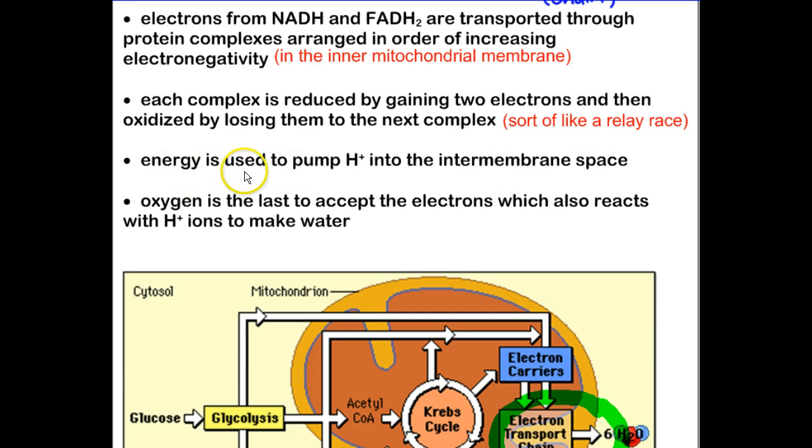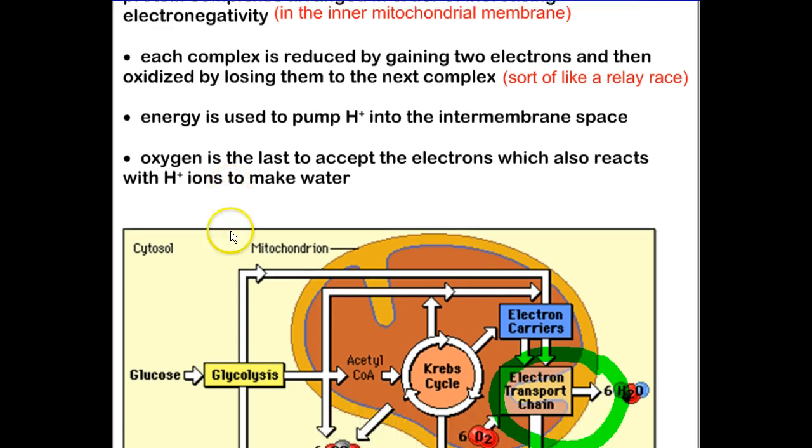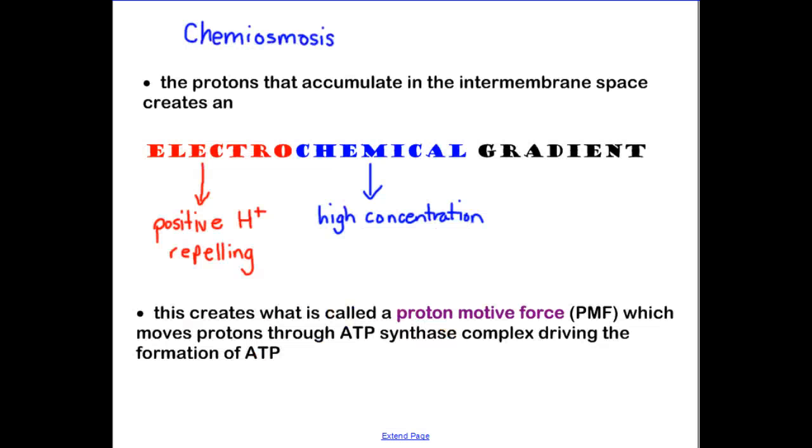And energy is used to pump hydrogen ions into the intermembrane space. And oxygen is the last player to accept the electrons, which also reacts with hydrogen ions in the membrane to make water. So this is a lot to take in, but it's a good summary of the overall process. And we'll look at it in a little bit more detail.